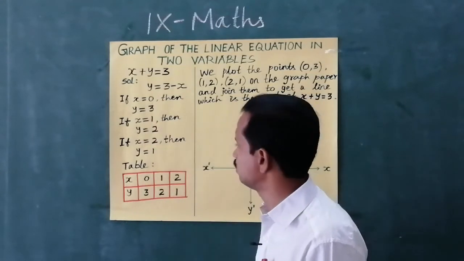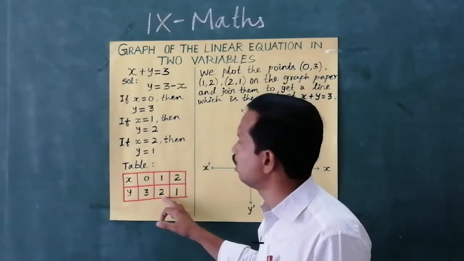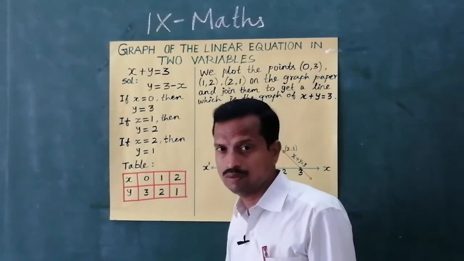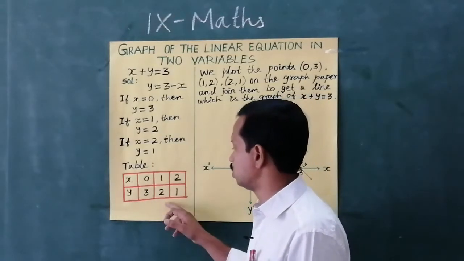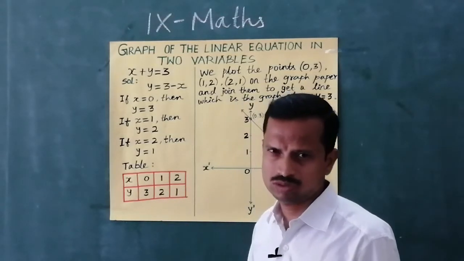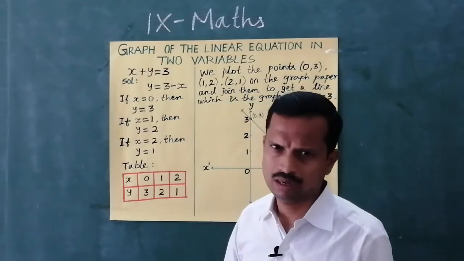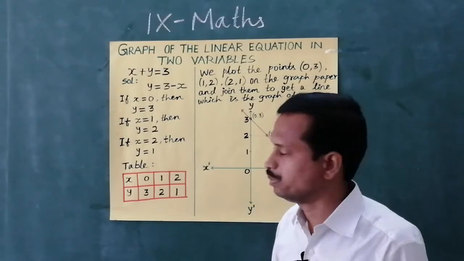So you have to write by picking up from there. If x is 1, y is 2, and if x is 2, y is 1. Like that we write the table, and from the table we can get the points, that is (0, 3), (1, 2), (2, 1). A point means first the x coordinate, then the y coordinate, in an ordered pair enclosed by brackets. That is called an ordered pair.